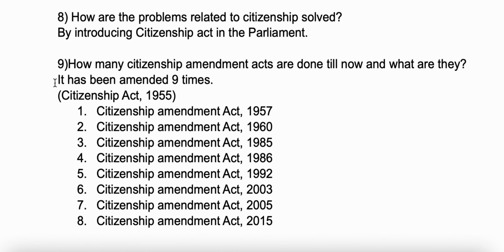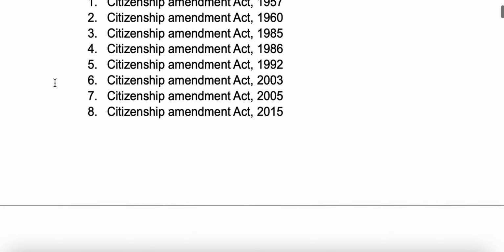Ninth question, how many Citizenship Amendment Acts have been passed till now and what are they? Till now, based upon the citizenship rules, the Parliament has amended the Citizenship Act 9 times. Originally it was the Citizenship Act 1955, but later on these were changed.